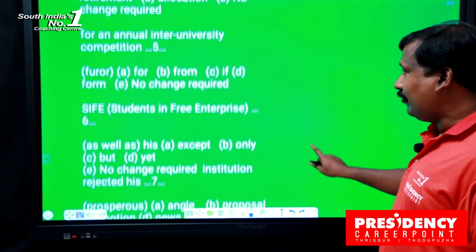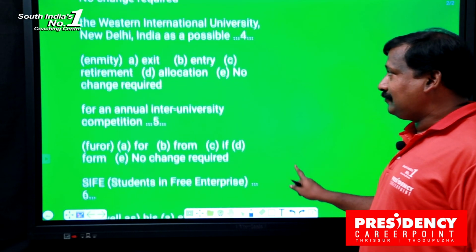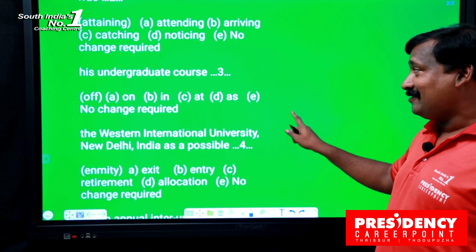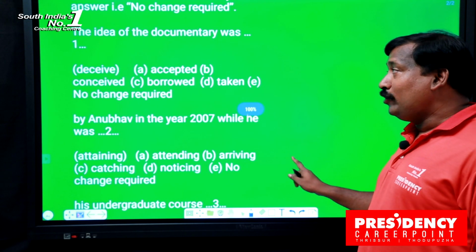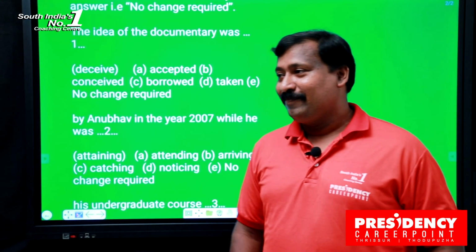This is the first sentence where you have 7 blanks. It is quite unusual to have a passage like this, but this is given for you as an assignment only. Don't expect such questions for your exams.